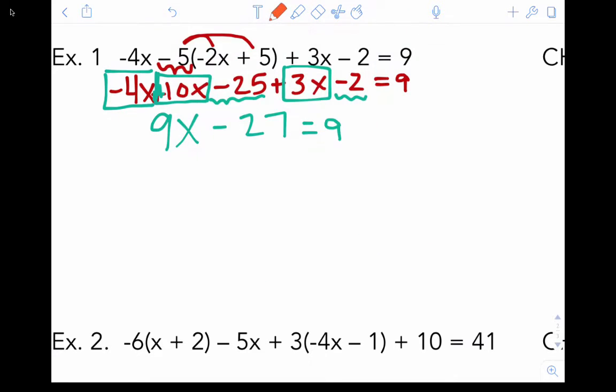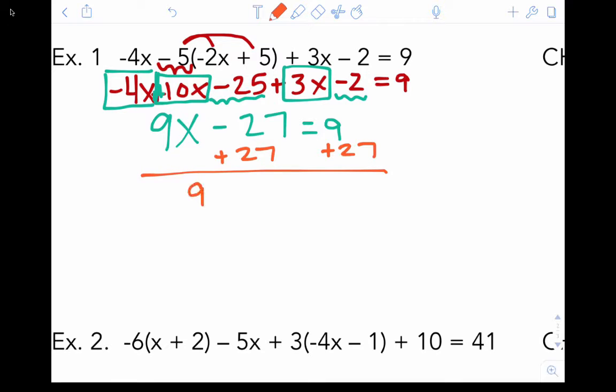Now that I've combined like terms, my next step is to move all of my variables to the left side. Well, that's already happened. All my variables are on the left side. And so now I need to move all my constants, so all my numbers that are standing alone, to the right side. So the only number that I need to move is negative 27. So my opposite operation, I'm going to add 27.